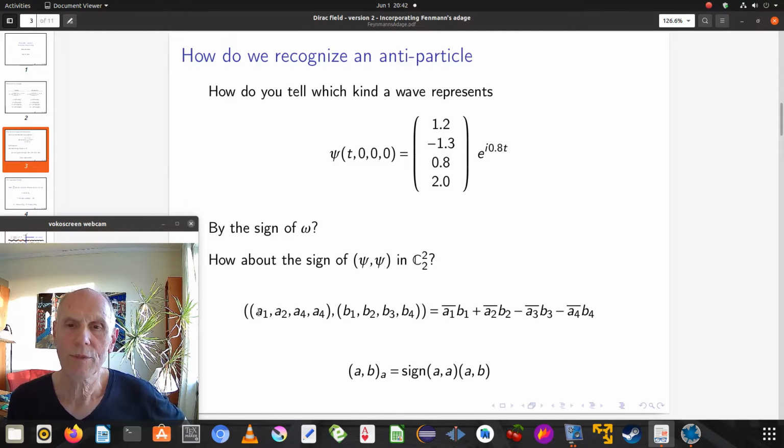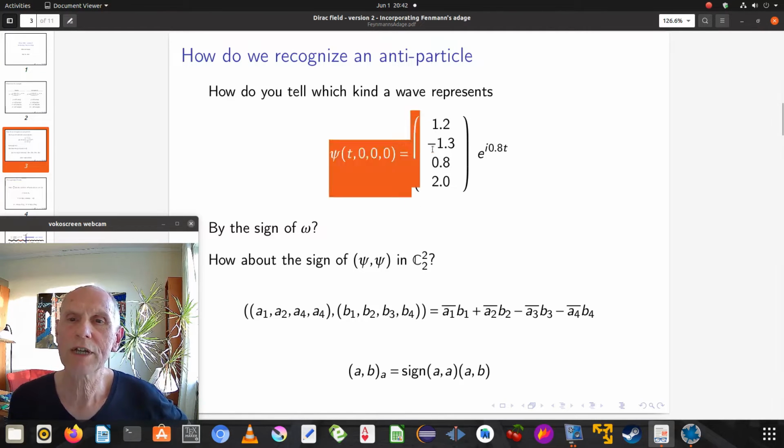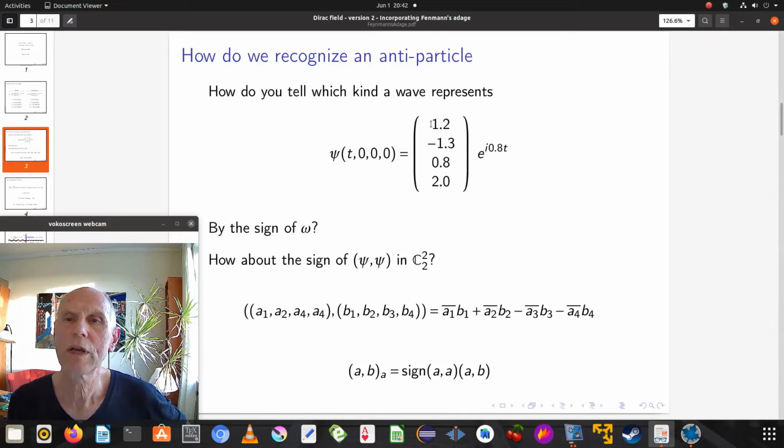So, taking the scalar product of this one with itself, it's 1.4, 1.7, 3.1, 1.6, 2.5, 4, minus 1.5. So it's negative. Therefore, I should think that this would be an antiparticle.